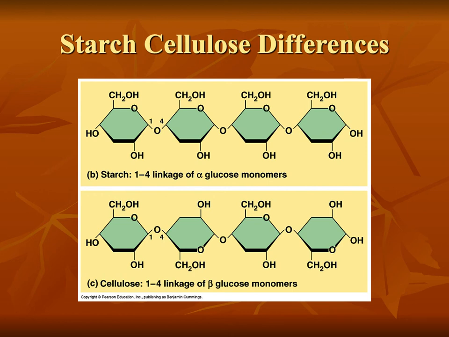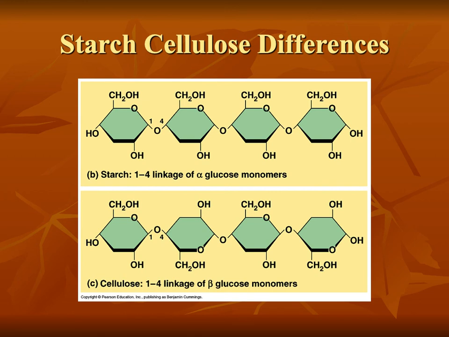Starch and cellulose differences. Starch is something that we can easily break down into simple sugars to use for energy, and it all comes down to a slight difference in bonding. We have enzymes to break this bond down to get the sugars alone.